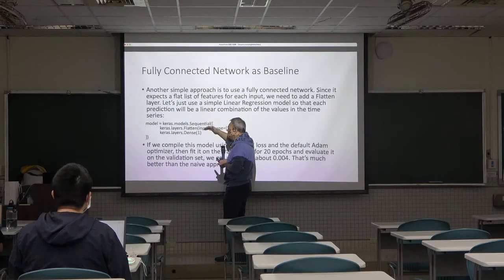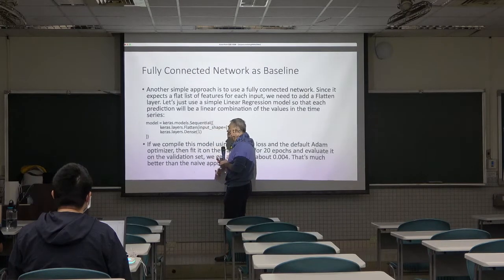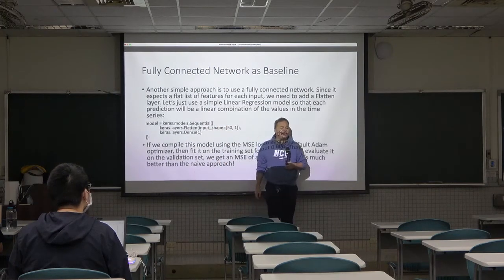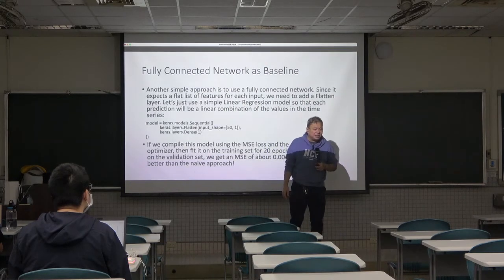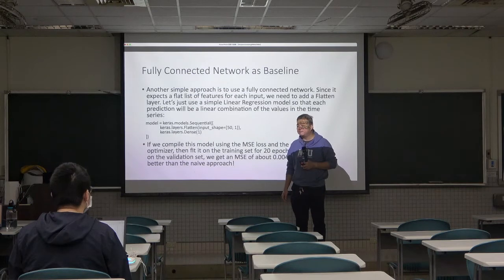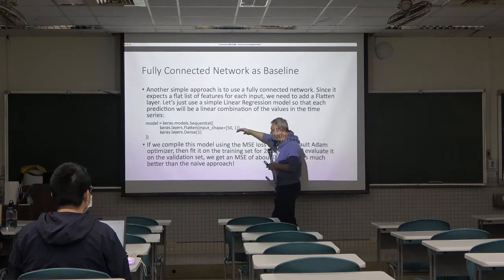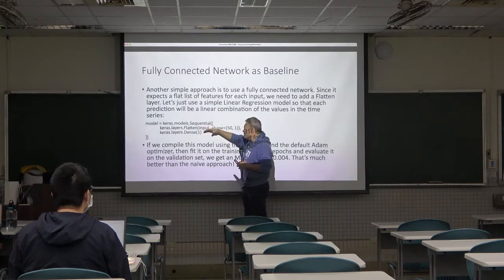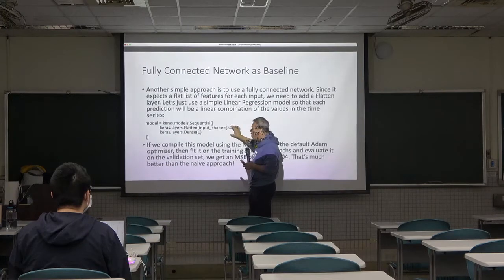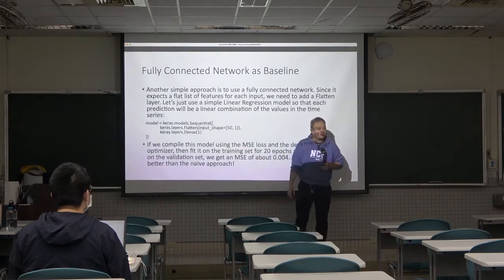We could say this is a multi-layer perceptron, but really, it does not have any hidden layer, right? This is the input layer, this is the output layer, and we don't have any hidden layer in between. So to be honest, this is more like a perceptron.